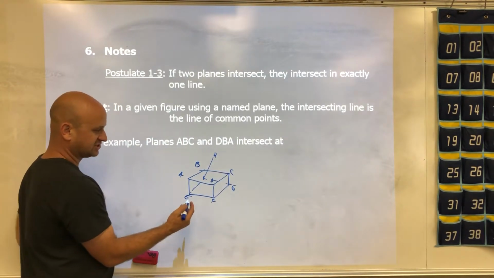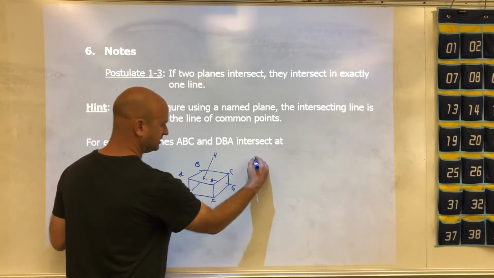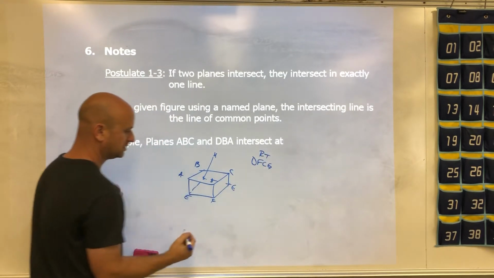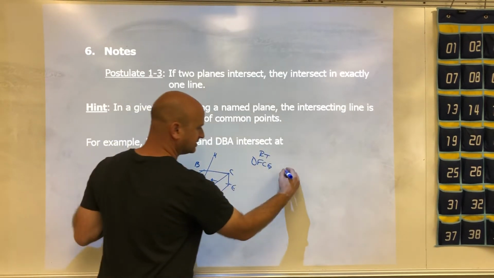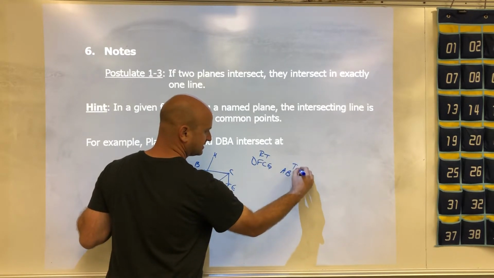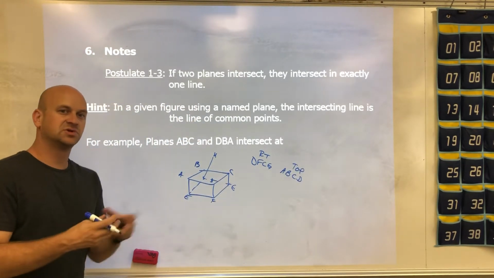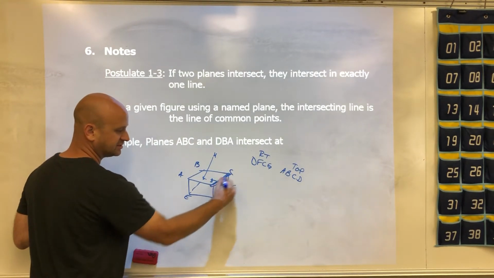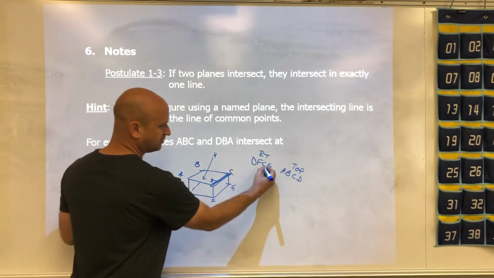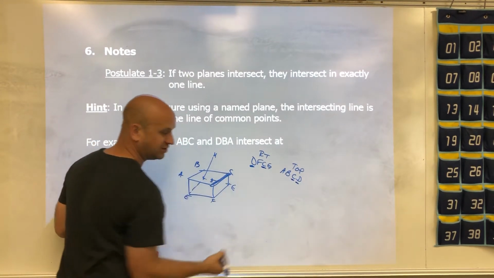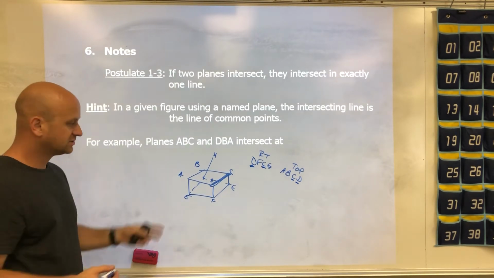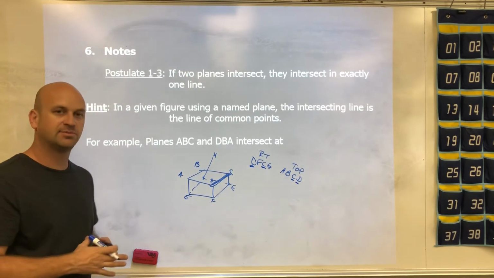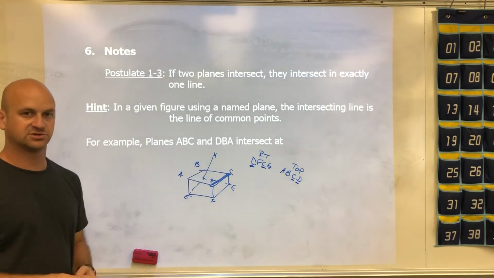If I want the intersection of plane DFCG, okay, so that's going to be the right plane, and I want the intersection of A, B, C, and D, that's going to be the top. So the intersection is going to occur in the top right line. So if we look here, the top right line is going to be CD. But if we look here, we also see that the common points they have in common are also CD. So this is the preferred way to find the intersection of two planes, is by identifying top, left, front, back, and so on, based on the picture or the diagram provided.